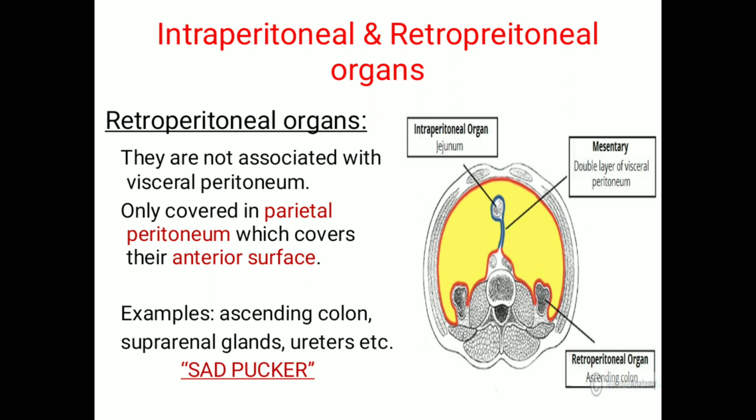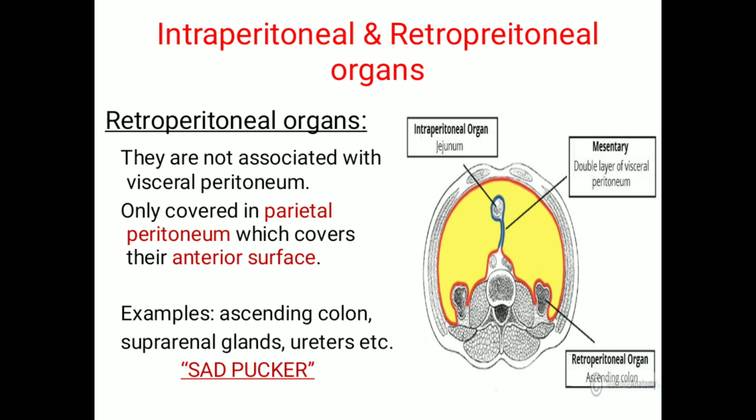The best mnemonic to recall the retroperitoneal organs is SAD PUCKER. So its letters stand for different organs.